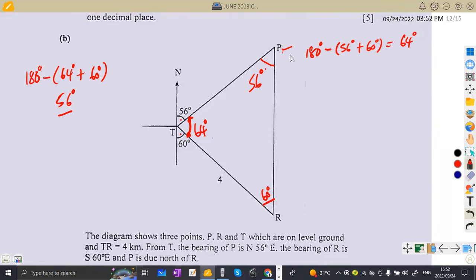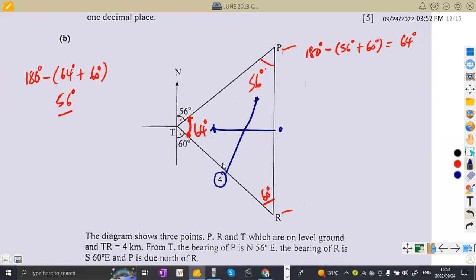That means we are now able to calculate PR because this PR here corresponds with 64 degrees, and we are given 4, which corresponds with 56 degrees. And I told you guys on this condition, the best way to use is the sine rule. What does the sine rule say to calculate a side?